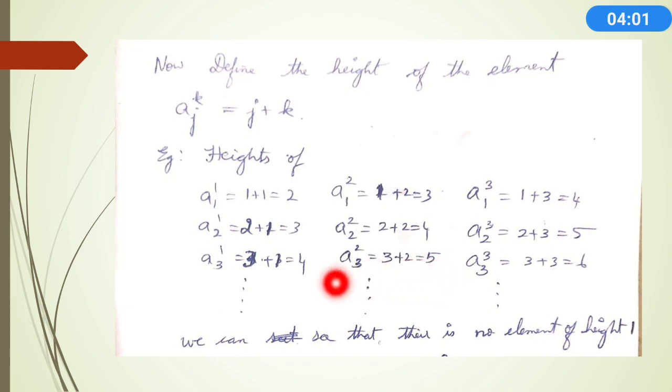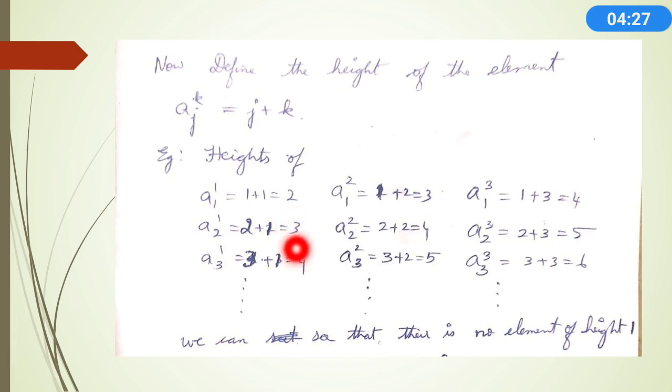Now, from these heights, can you see girls, there are no elements of height 1. The least height is 2 only, isn't it? Then how many elements are with height 2? I hope you can see only one element.